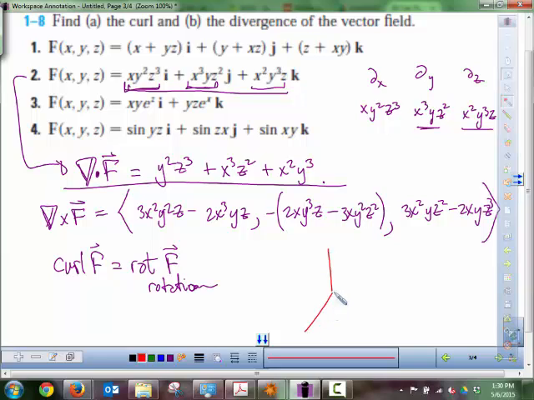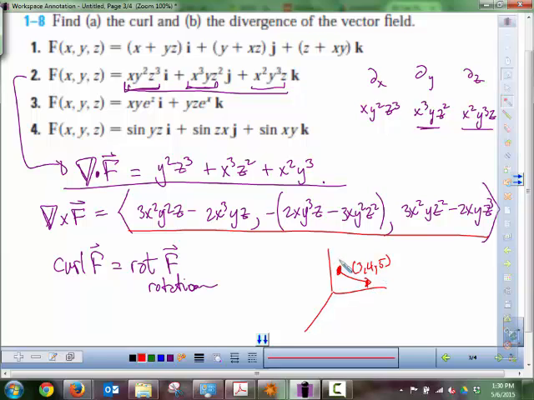So you have a vector field at the point 3, 4, 5 that's somewhere over here. And then you calculate your curl and you put 3, 4, 5 in for x, y, and z. And then say you calculated the curl and you got the curl to be something like this.